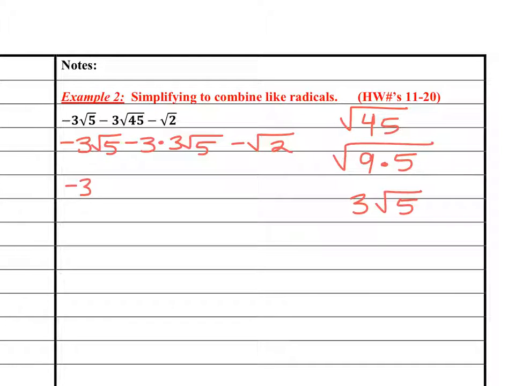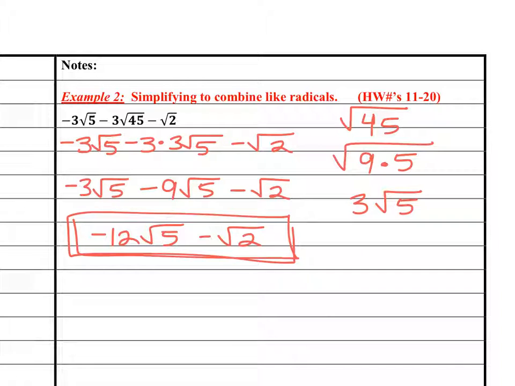Let's rewrite that again. Negative 3 root 5 minus 9 root 5 minus root 2. That would be negative 12 root 5 minus root 2. These ones are not like terms, and so you have to leave it as is.